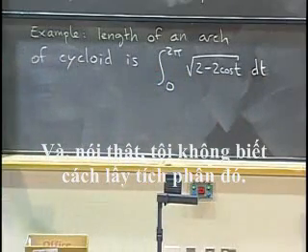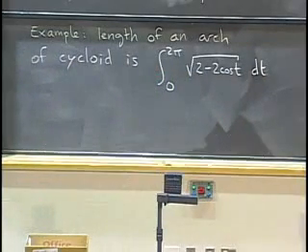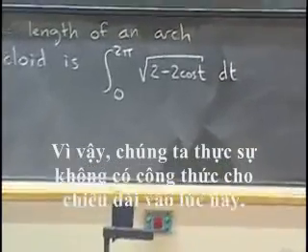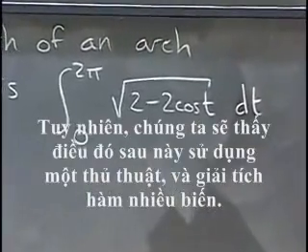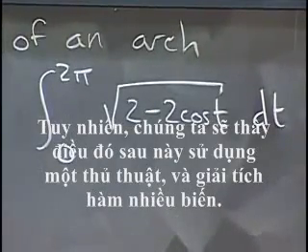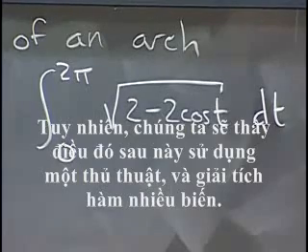And to say the truth, I don't really know how to integrate that. So we don't actually have a formula for the length at this point. However, we'll see one later using a cool trick in multivariable calculus.